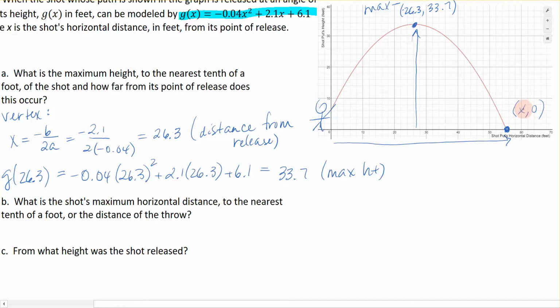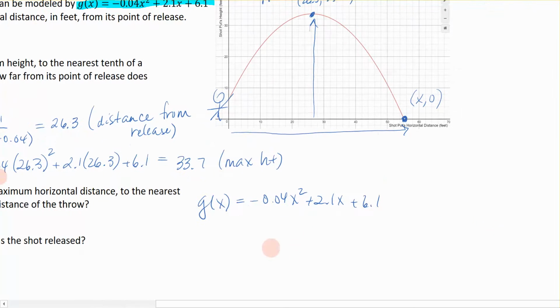So if we have the function here, g of x is negative 0.04x squared plus 2.1x plus 6.1, and we set that equal to 0. Well, up until now, how have we solved a quadratic function when it was set equal to 0?